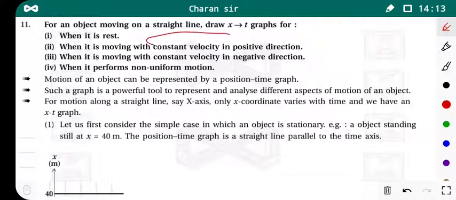Now this is an important thing. What is the meaning of constant velocity? If the motion of the object is uniform, then we can say that the object is in uniform motion or constant velocity. Okay, we take one example.